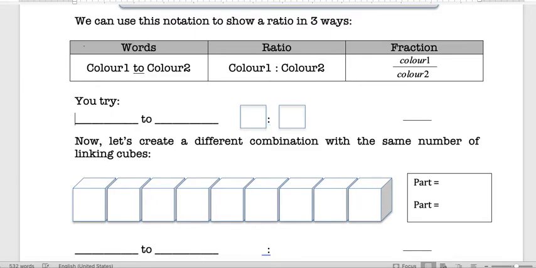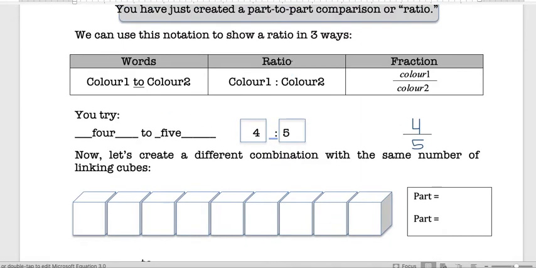Or I could have 4 to 5 with a colon. So a colon denotes that it's a ratio, 4 parts to 5 parts. Or I could write it as a fraction with 4 to 5. So either way, this is how you can set up the ratio.